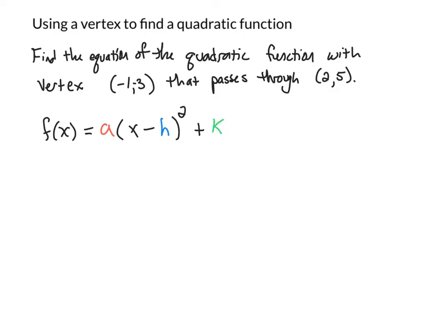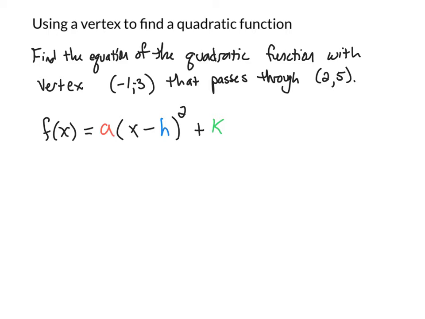Alright, so I put a, h, and k in these different colors because if I'm going to figure out the equation, these are what I have to know. I need to know a number to put in for a, a number to put in for h, and a number to put in for k. So my goal throughout this video is going to be to show how we can use this information up here, this vertex, -1, -3, and this point to find these three values, a, h, and k.